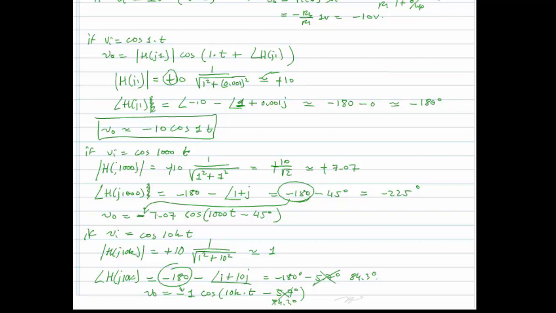And at 1,000, because it's right at the corner frequency, we end up getting 10, whatever the DC gain is, this is the R2 over R1, divided by square root of 2. And then at frequencies much lower than 1,000 radians per second, we have essentially a gain of 10.